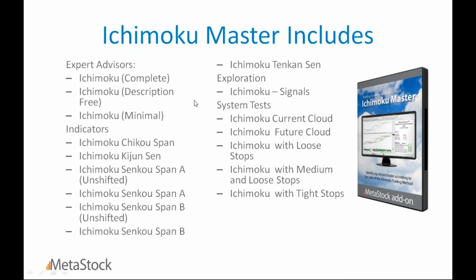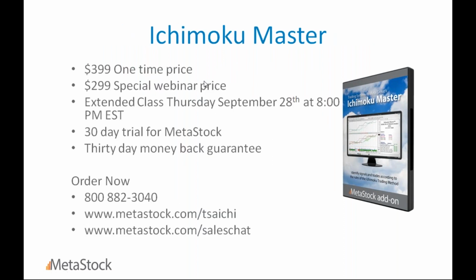So here's a list of what's included in the Ichimoku Master. You're going to get all of the indicators. You're going to get the system tests. Oh, there's another thing which I forgot to mention. For any of you that are developers, this plugin is a little bit different than others. We've opened it up so that if people want to write their own systems using the Ichimoku method, you can get all of our signals and write your own system tests.